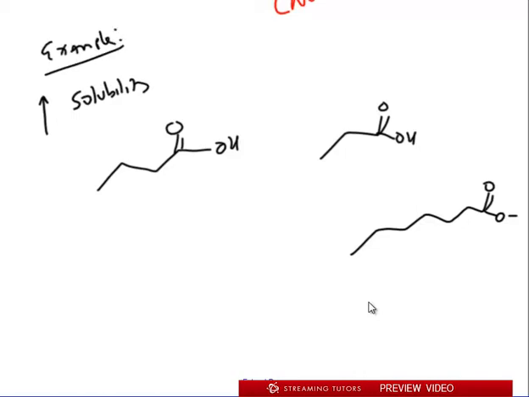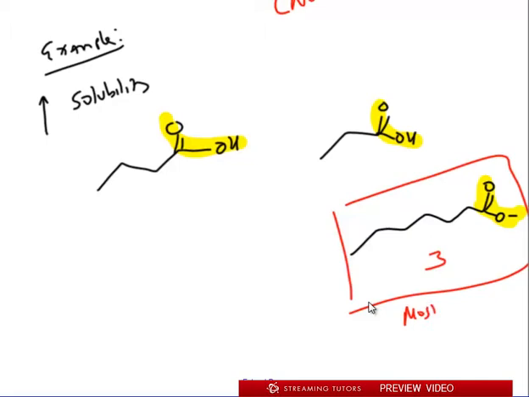The first thing is carboxylic acid, carboxylic acid, carboxylic acid, right? But this is the base form. So this one is the best. This is number 3. This is the most soluble. Why? Because it's charged. Charge wins over neutral. So these two are not charged, so they're not as good as this one.